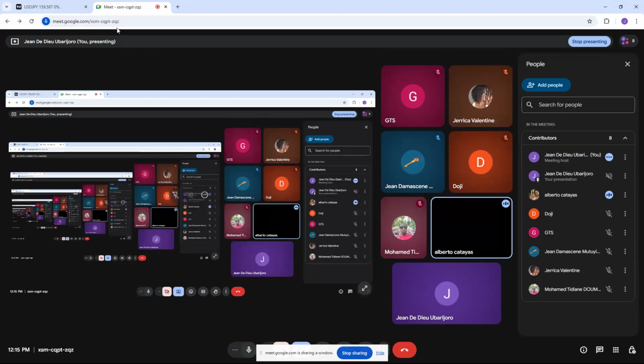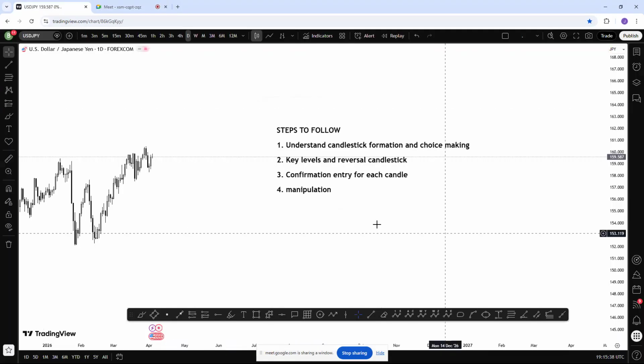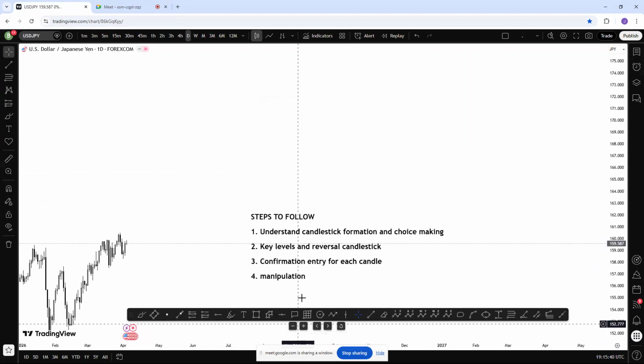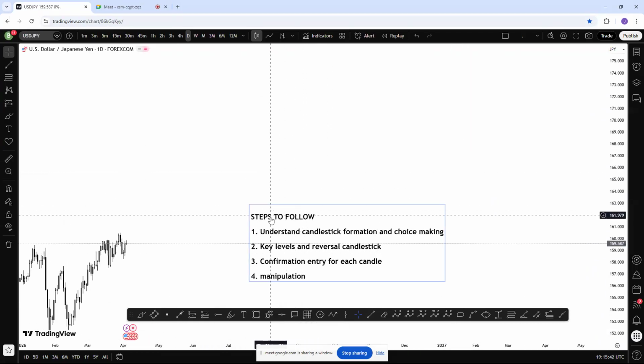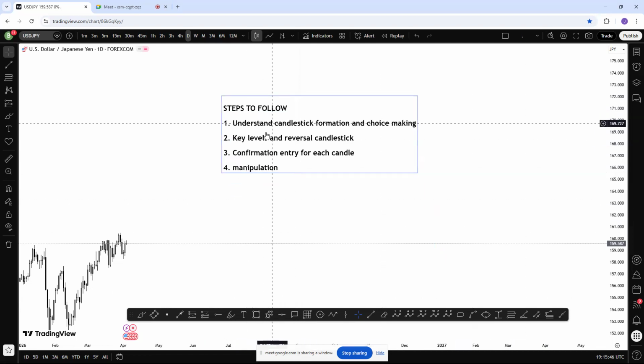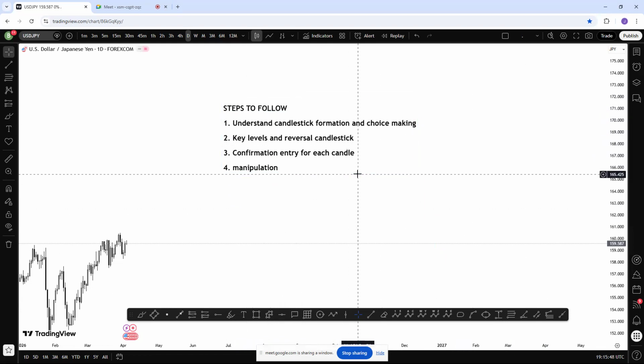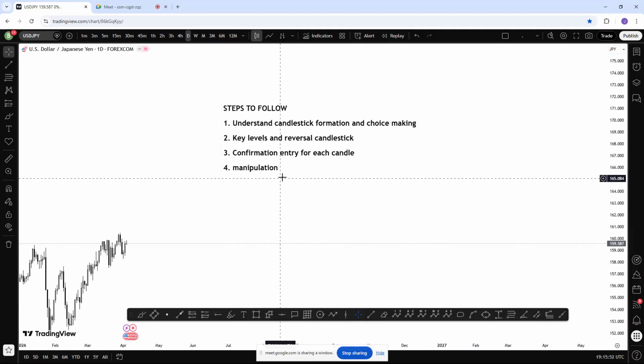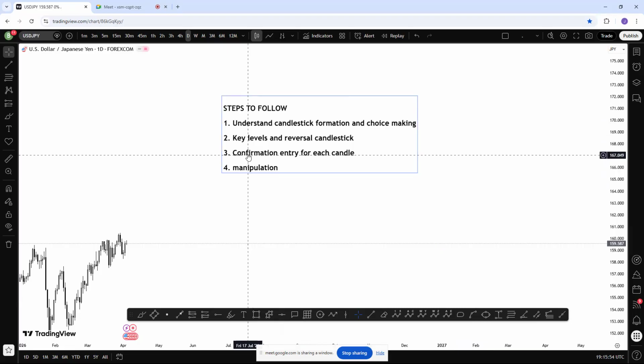Can you mute the line since it's kind of difficult to hear you? There's two others that are not muted.